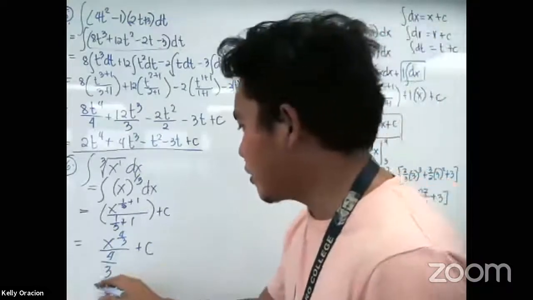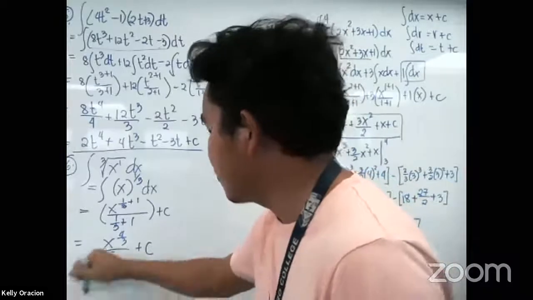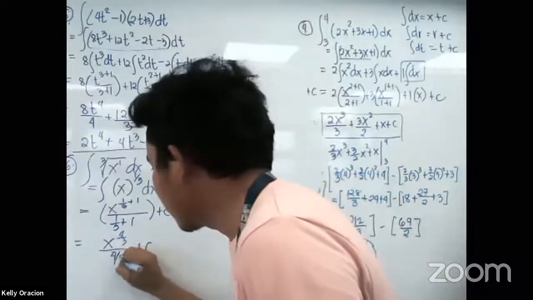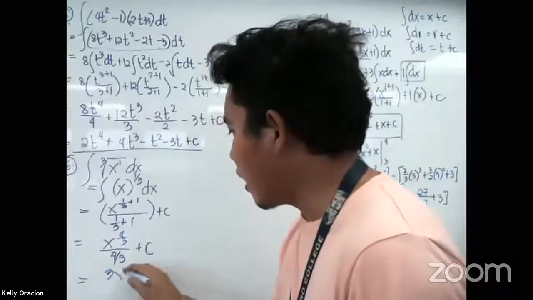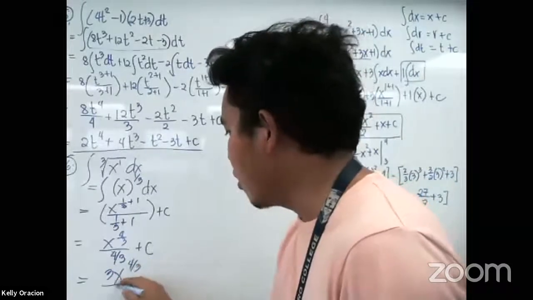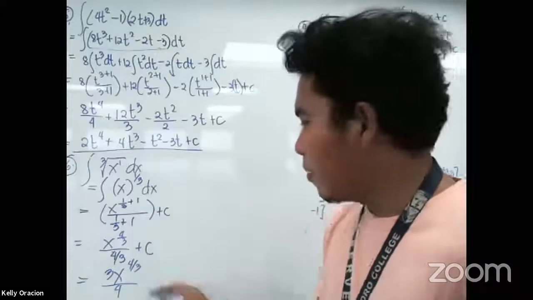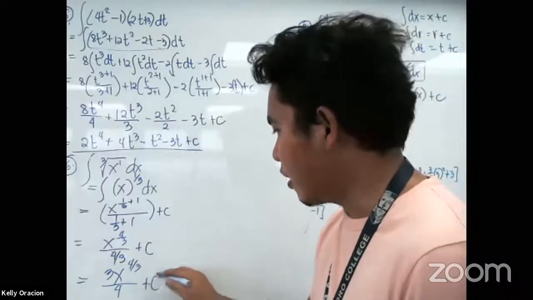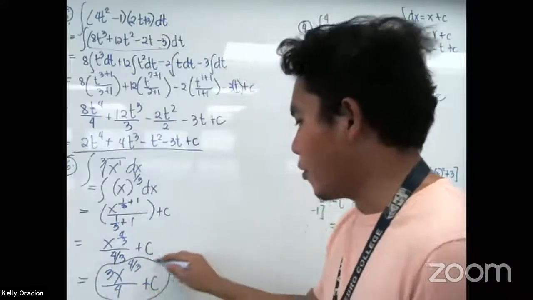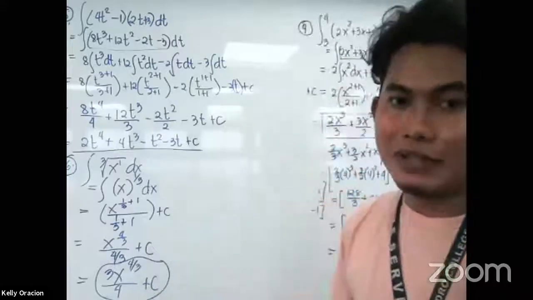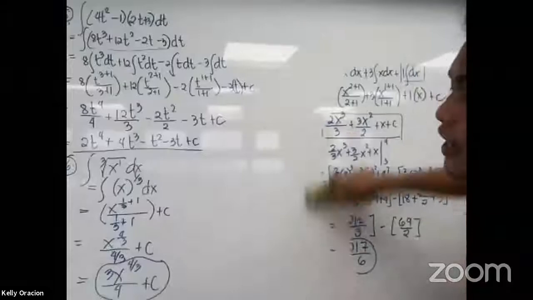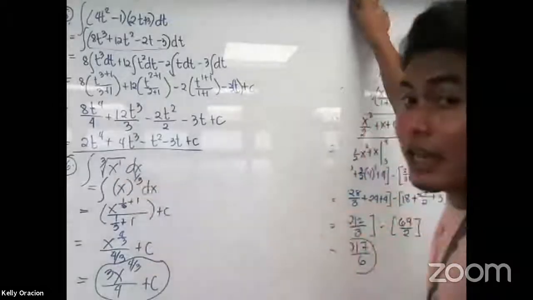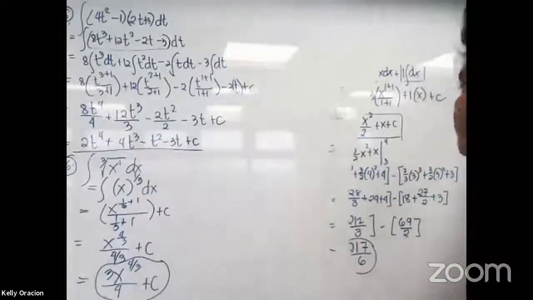So the final answer, you have 3x raised to 4/3 over 4 plus c. Okay? Ito na yung sagot. That is your answer. So ganyan lang ha. Pag naka-radical siya, i-exponential lang siya.